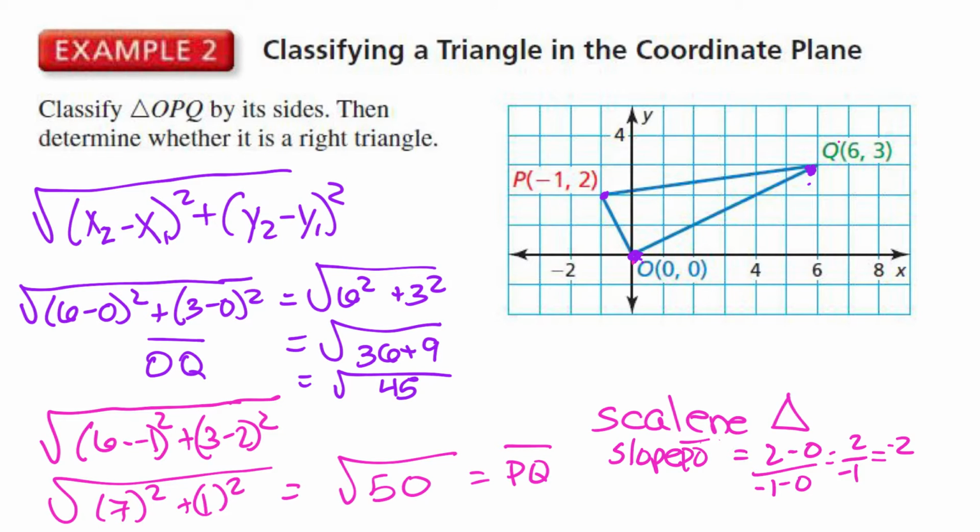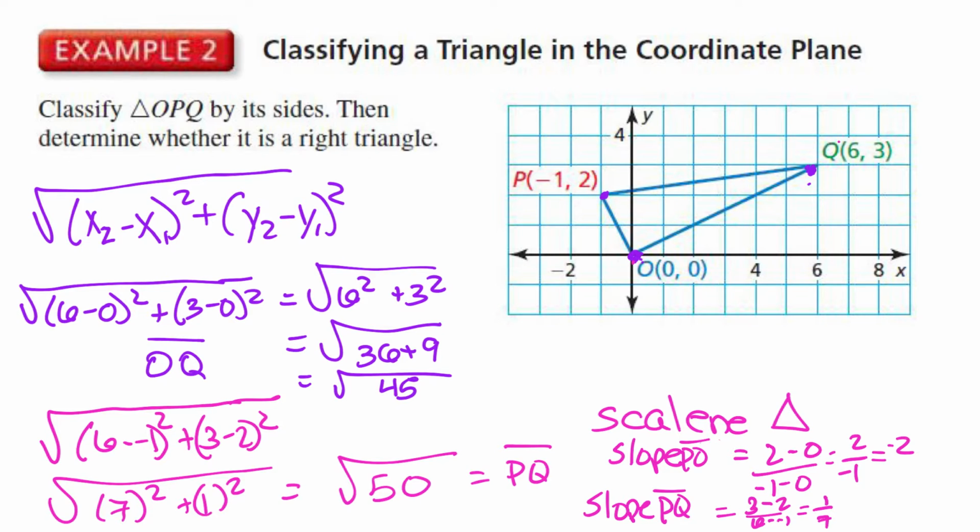Now we're going to look at the slope of PO, which is equal to, oops, not 6, it is equal to 3 minus 2 over 6 minus -1, which is equal to 1 over 7. So these are not opposite reciprocals.